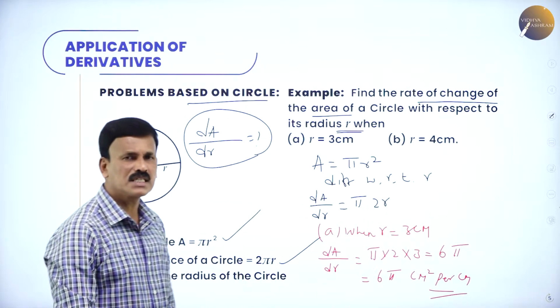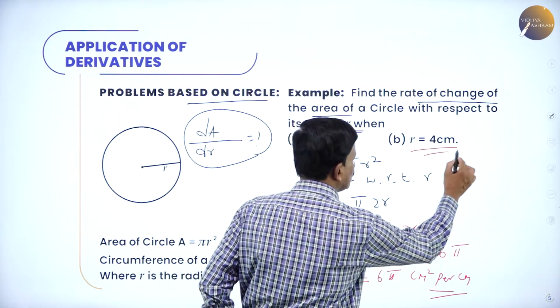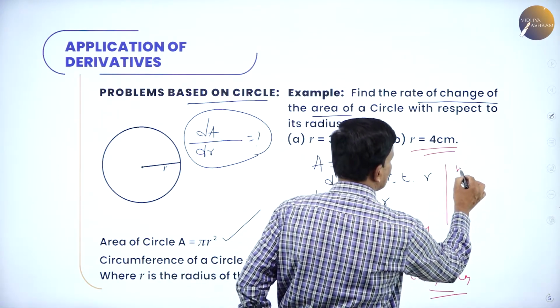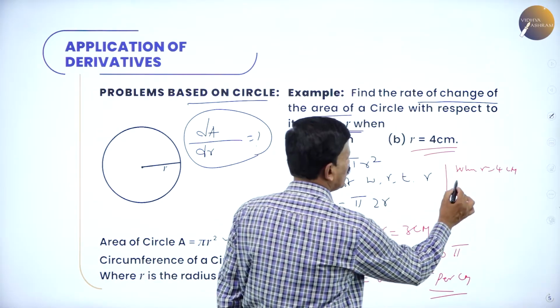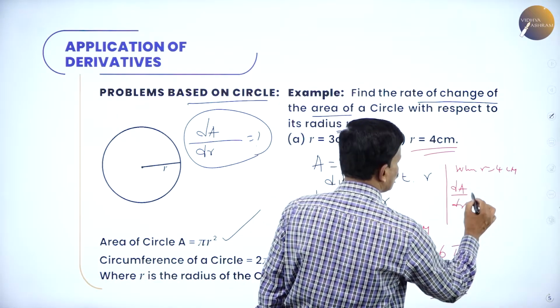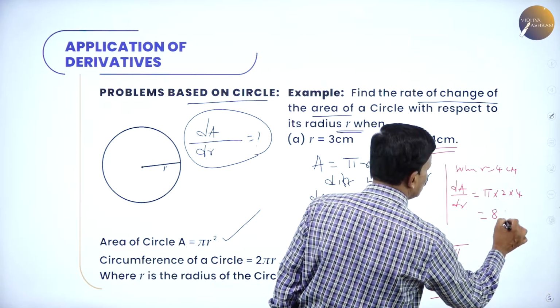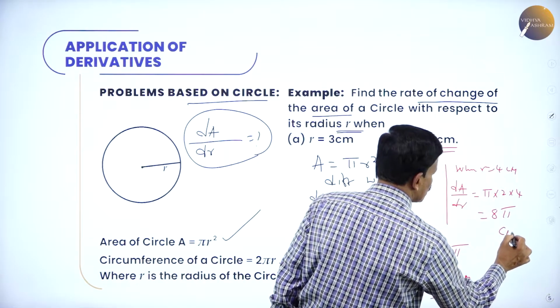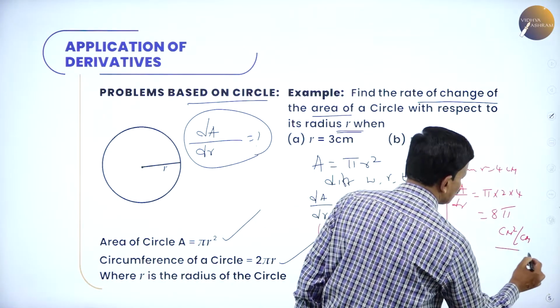Similarly, substitute r is equal to 4 centimeters for the second case. dA by dr is equal to pi into 2 into 4. This is equal to 8 pi, same unit, centimeter square per centimeter.